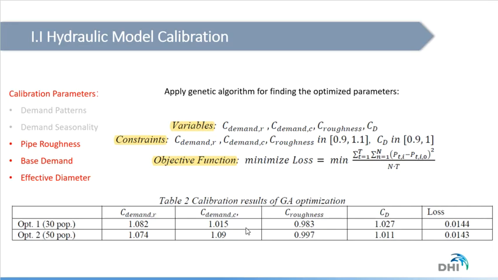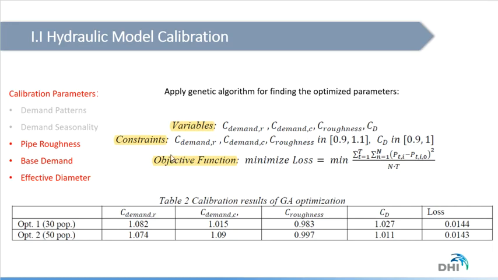For parameters such as pipe roughness, nodal base demand, and effective pipe diameter, we apply a genetic algorithm and run EPANET iteratively to solve this optimization problem. The variables are these twitching coefficients of residential demand, commercial demand, pipe roughness, and pipe effective diameters.